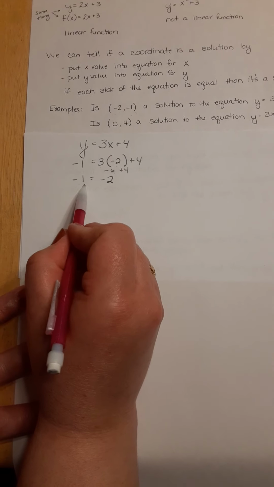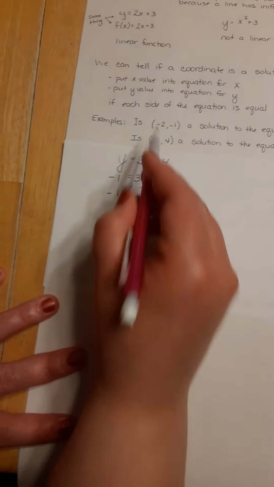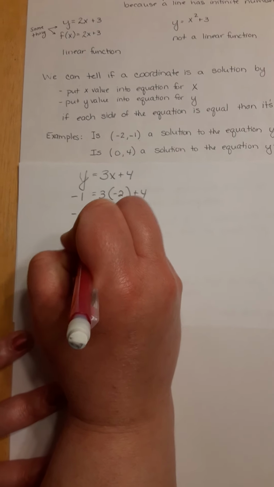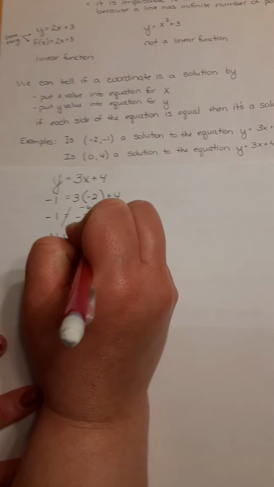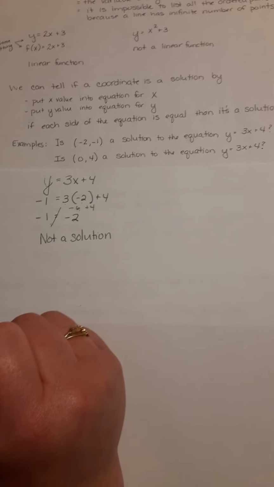Well, is -1 equal to -2? No, it's not. So this first example, -2 and -1, is not a solution, because I needed these to equal each other for it to be a solution.